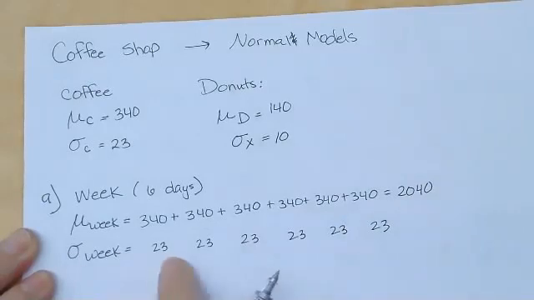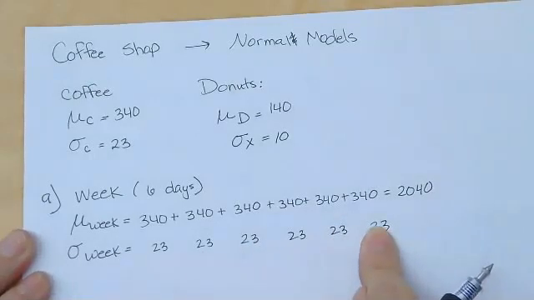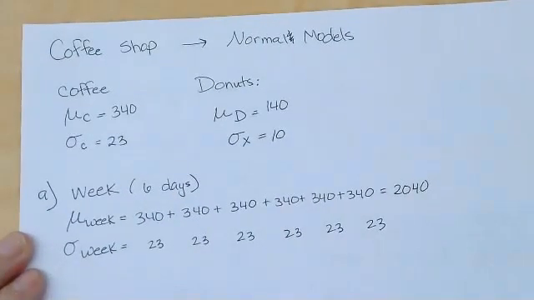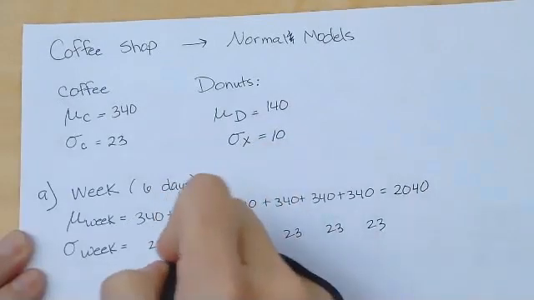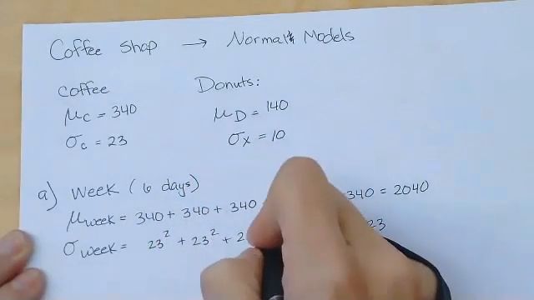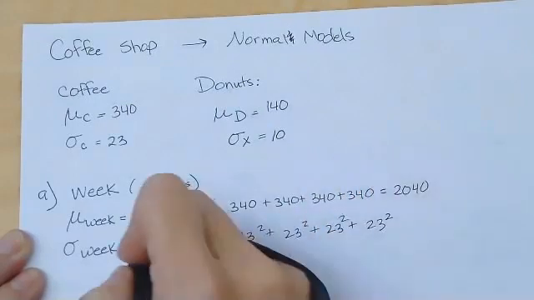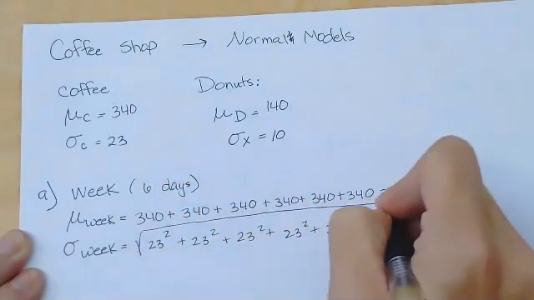I have 6 standard deviations here. Can we add them together? No, we never add standard deviations together. What we can do is square them, that means make them variance, and then we'd have to square root them.